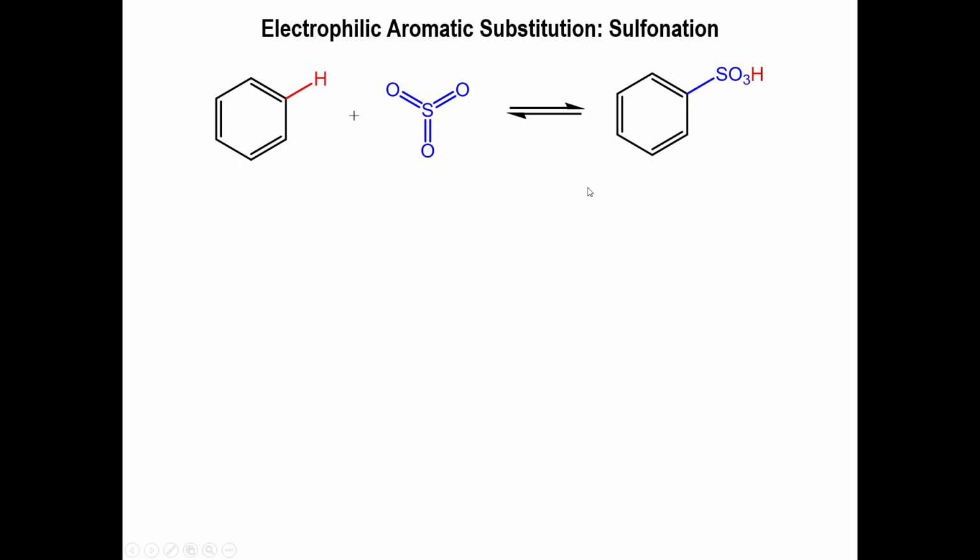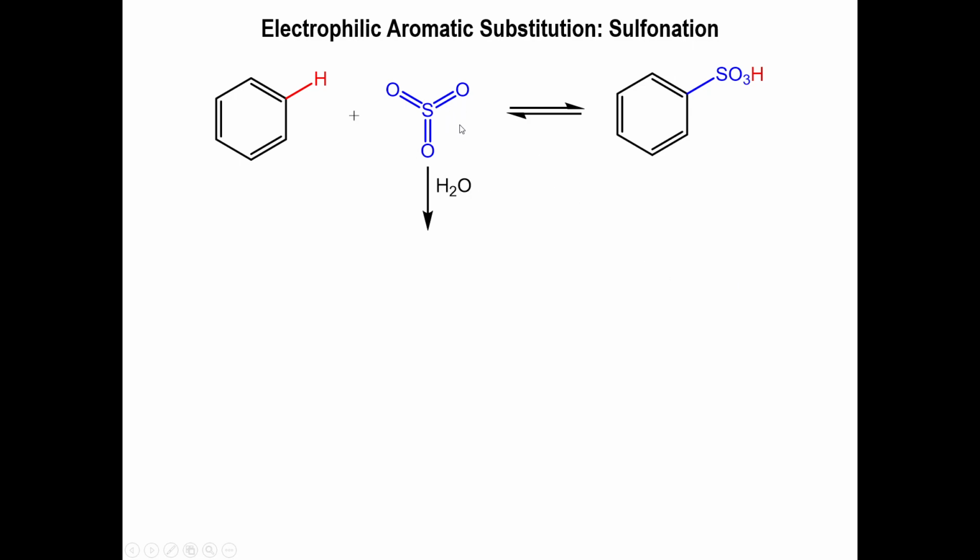Now, the interesting thing about this reaction is that unlike the previous ones that we mentioned, the bromination, the chlorination, the alkylation, the acylation, this is actually one reaction where there is an equilibrium. So you could revert the reaction back to the unsubstituted benzene state. And the reason this happens is because sulfur trioxide is a very, very strong electrophile.